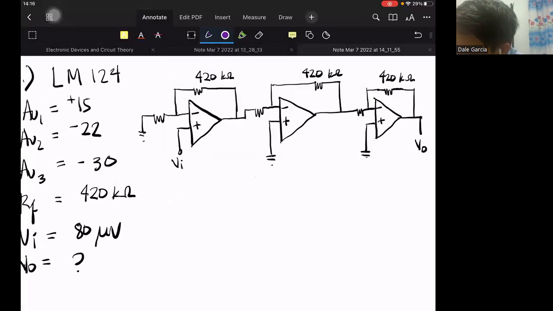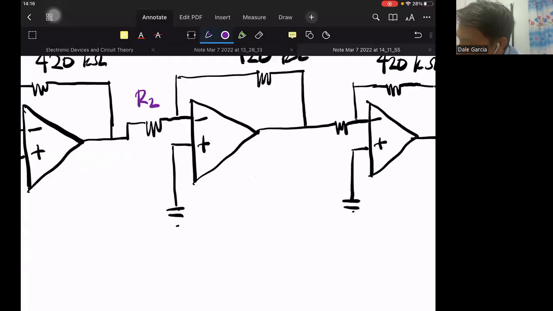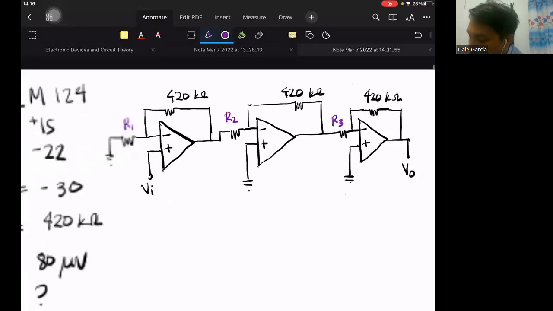So we can now solve for R1, R2, and R3. Who has solved for R1?